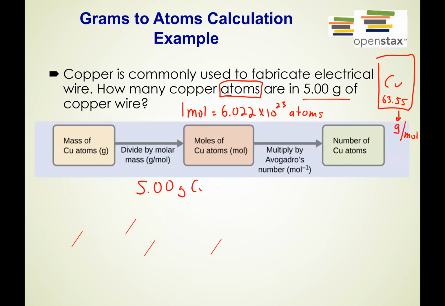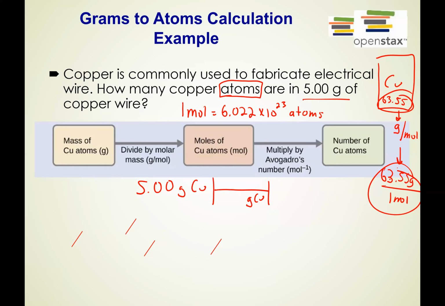5.00 grams of copper. What unit has to go on the bottom? Grams of copper. And remember, this 63.55 is 63.55 grams in 1 mole. That's how we could transform this 63.55 to this 63.55.